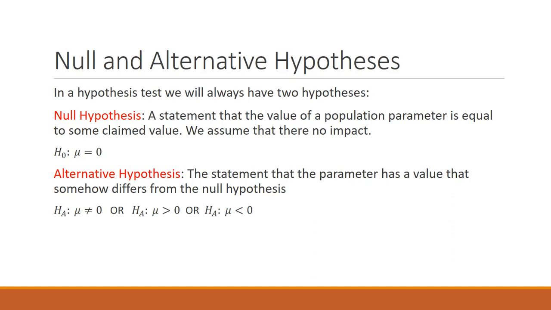The alternative hypothesis is a statement that the parameter has a value that somehow differs from the null hypothesis. Maybe it simply does not equal 0, or maybe it's greater than 0 or less than 0.